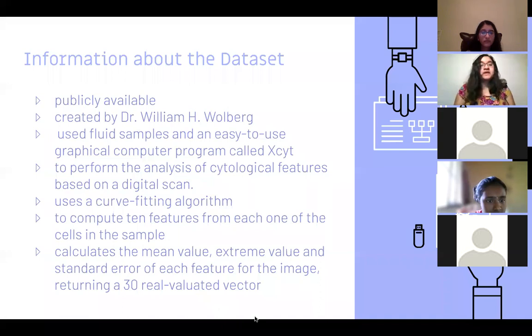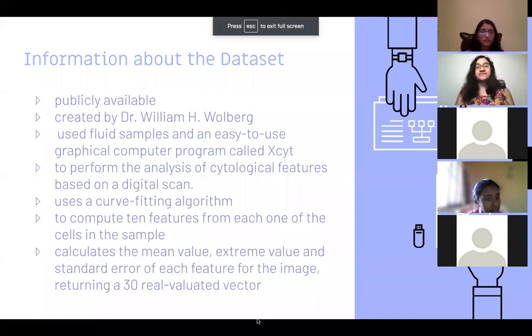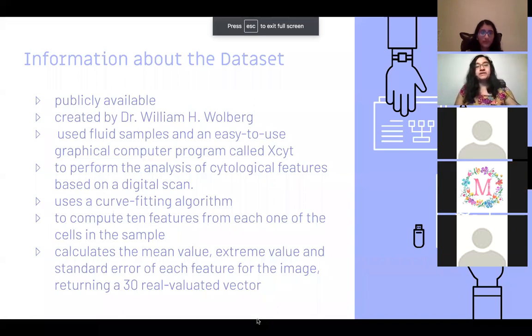And so the way that this data was created is that it used fluid samples and an easy-to-use graphical computer program called XCYT to perform the analysis of cytological features based on a digital scan. That's a lot of big words. Essentially, what happened is that there are a bunch of pictures that were taken of either malignant or benign breast cancer cases, and then a lot of different attributes were extracted from that using a computer program.